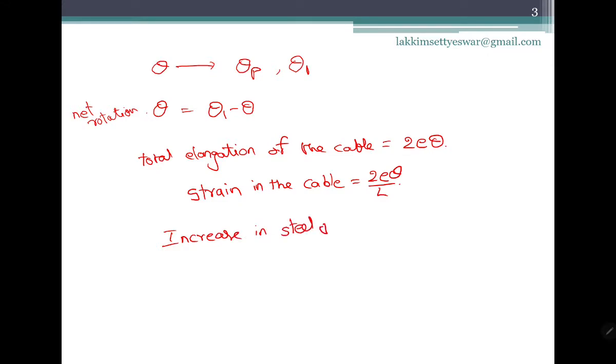Increase in stress due to loading is equal to strain into Young's modulus of the steel. So from this we can calculate increase in stress due to loading. So let's calculate one by one.